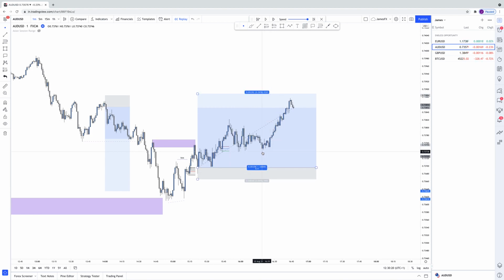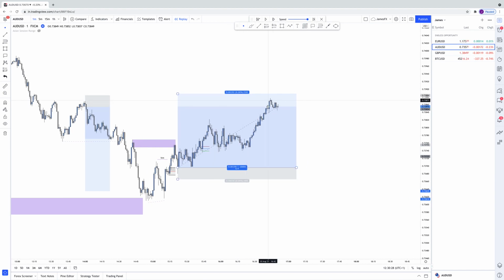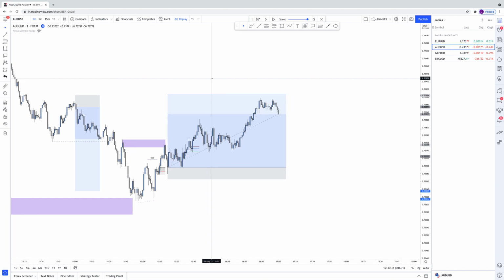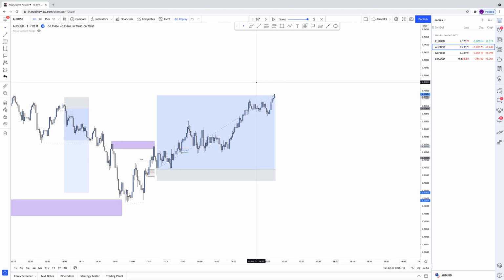So I moved to, I believe it was just below this low here, and really now I'm looking for a clear pullback, as you can see we have here, and then a new higher high, which is exactly what we had right here. So we pull back and we put in a new higher high.